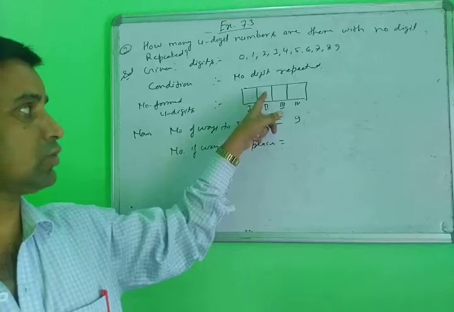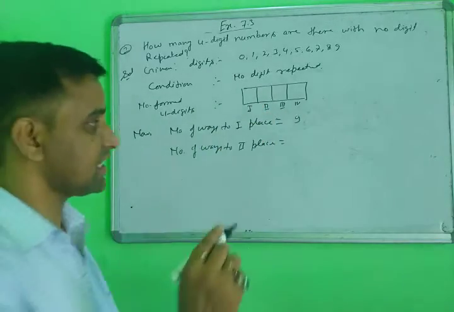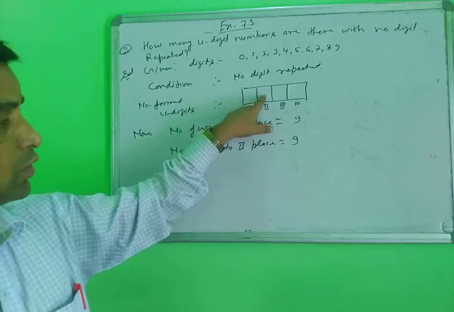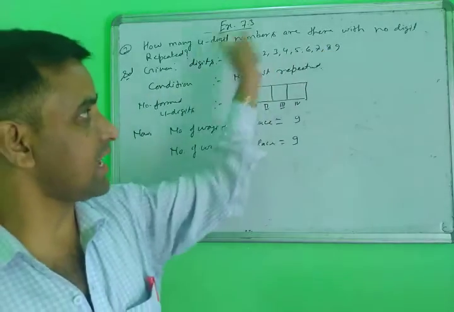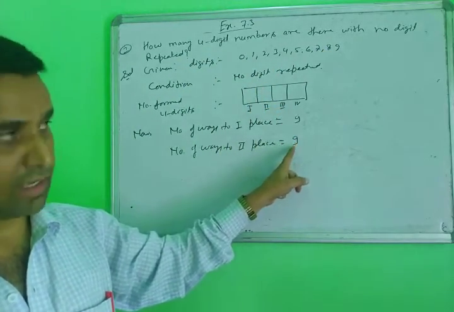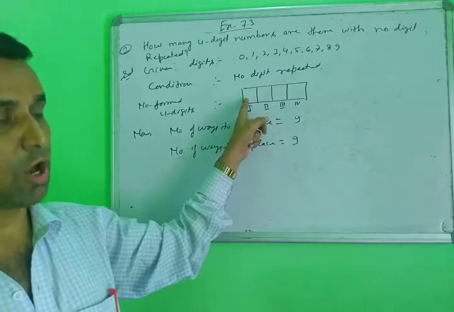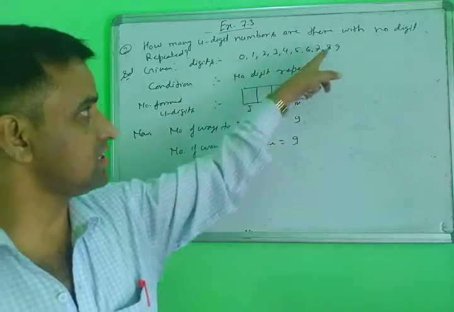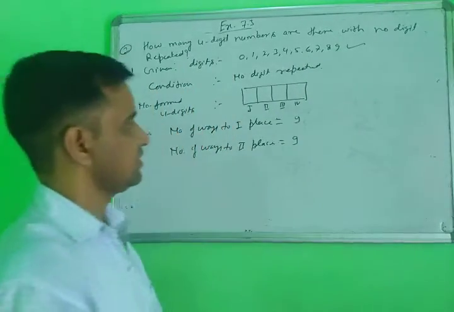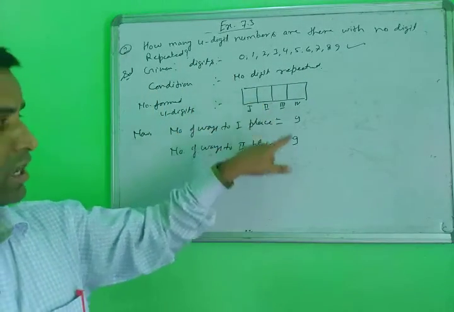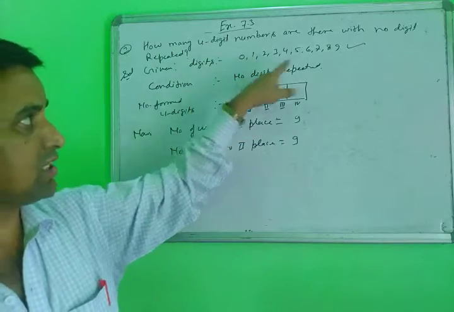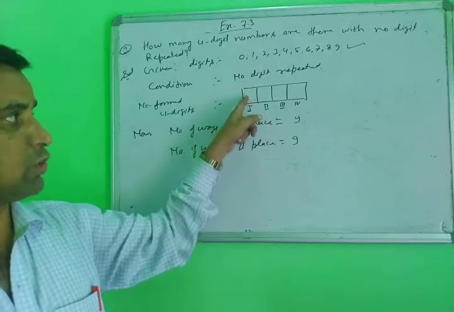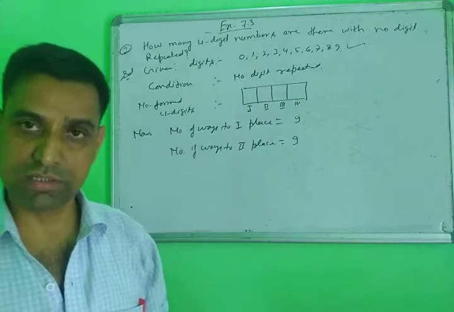Second place you have a choice of 9 as well, because including 0 the total digits are 10, and one digit is already used. How many are left? 9. The first place also has 10 digits, but you can fill only 9, because if you put 0 there, the number converts into a 3-digit number.